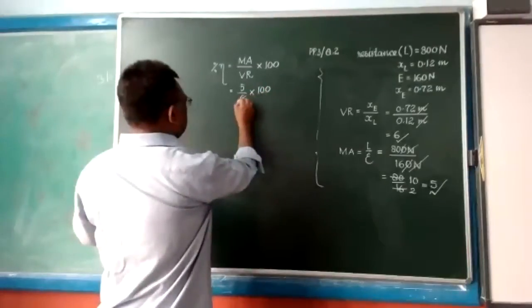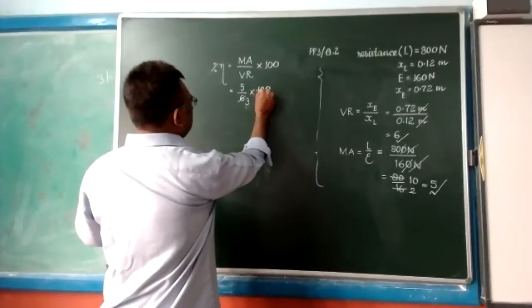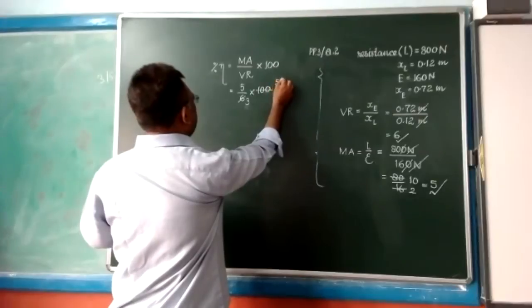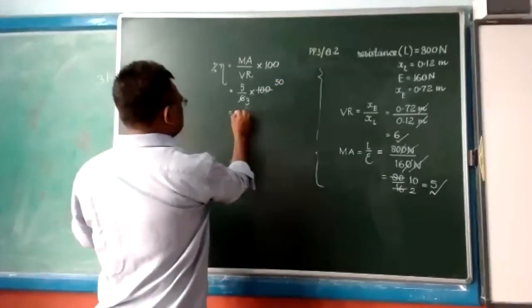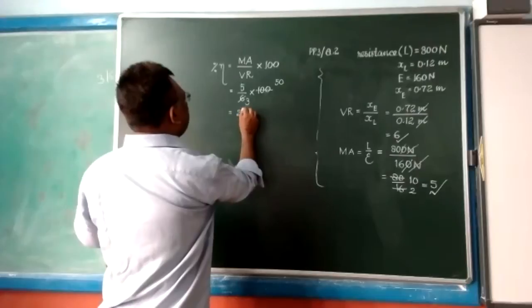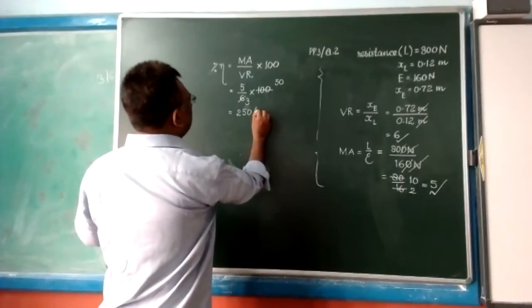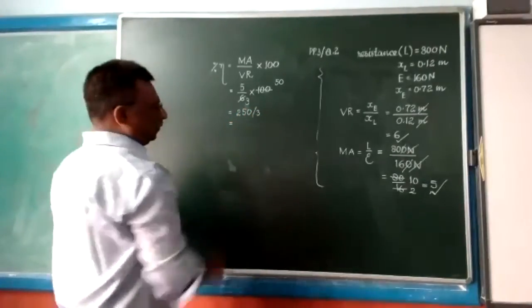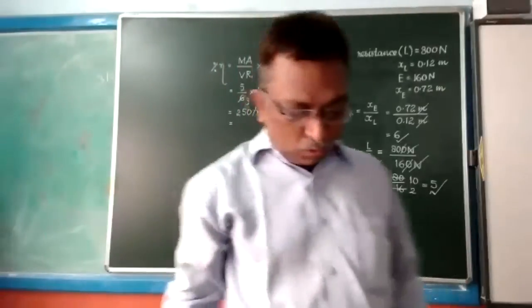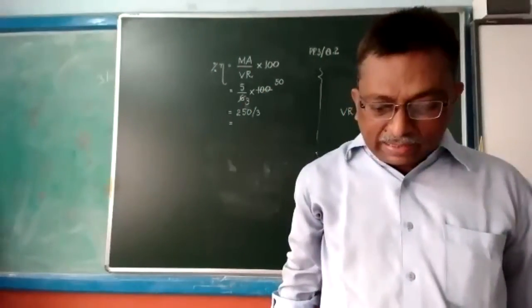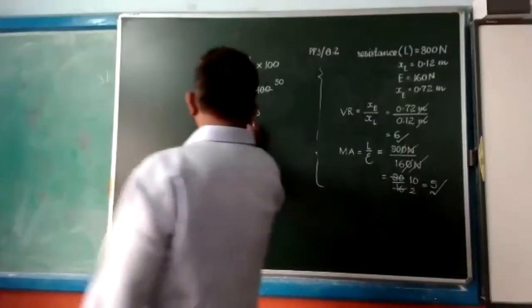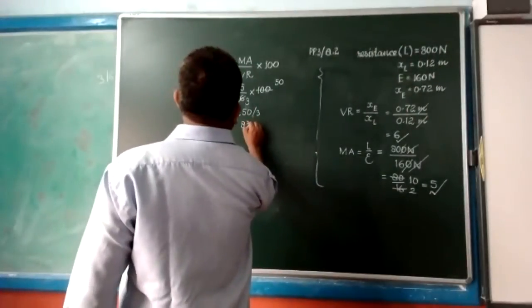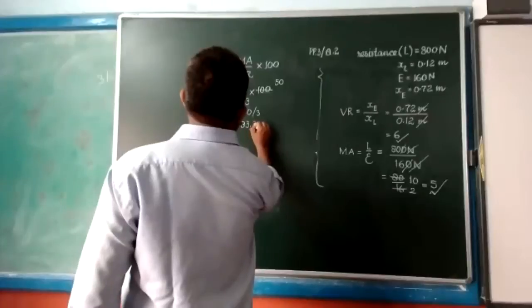Clear? So 2 3s are 6, 2 50s are 100. How much is it? 250 divided by 3. Just find the quotient. It is coming 83.33. Please check the answer by performing division.